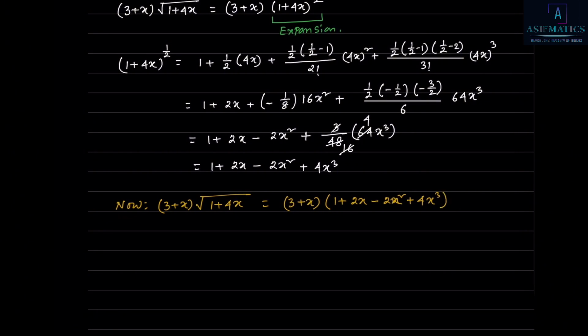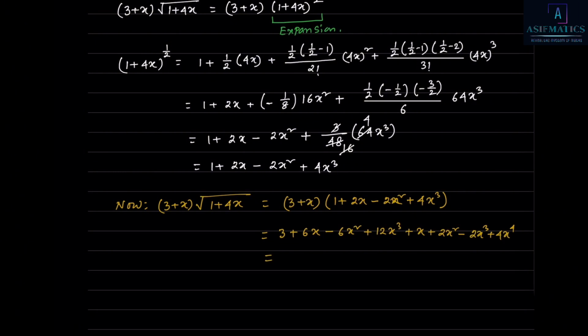So now you can multiply and you can simplify later. So what we can do here is 3 times 1 is 3 plus 6x minus 6x square plus 12x cube plus x plus 2x square minus 2x cube plus 4x to the power 4.